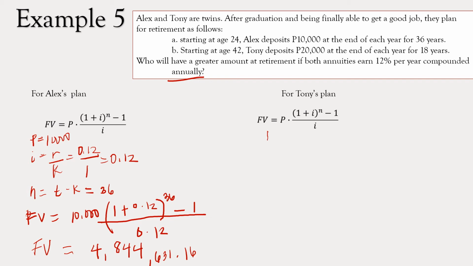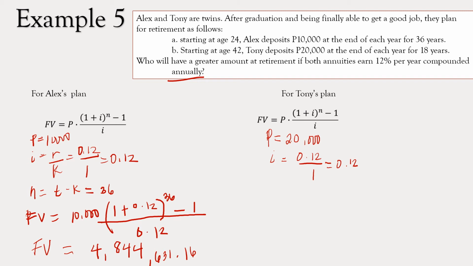In Tony's plan, his periodic payment will be 20,000. Tingnan natin. 20,000 ng periodic payment niya, dinoble niya yung kay Alex. So, ang kanyang I is equal to 12%, 0.12 over 1 pa rin. So, 0.12 pa rin yan.